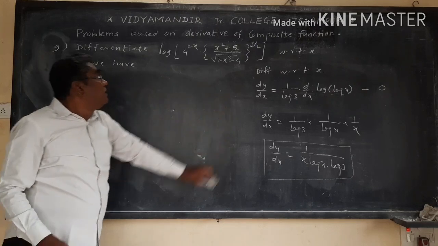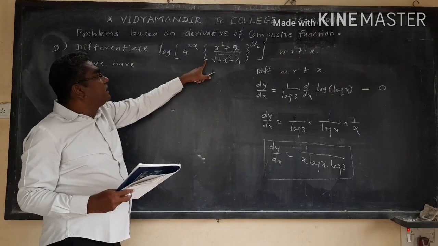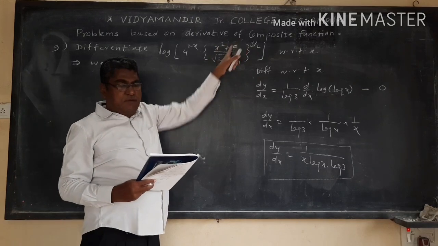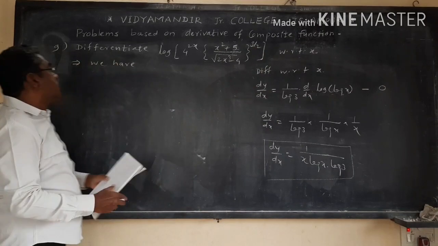Look at the problem: log of bracket 4 raised to 2x into bracket x square plus 5 upon root 2x cube minus 4 bracket raised to 3 by 2, with respect to x.